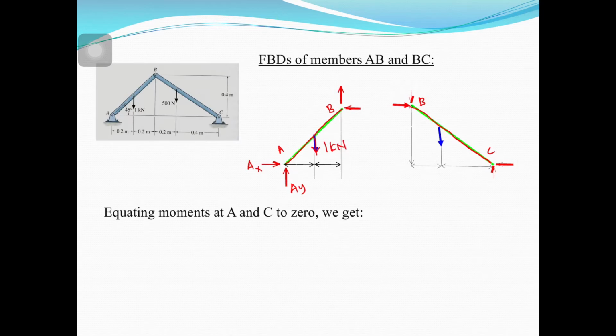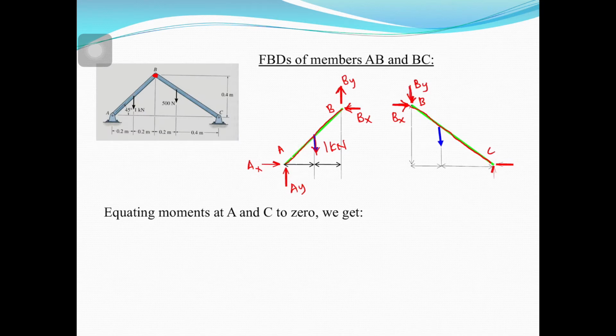At B, when we separate the members, they also have BY and BX. This one is the joint. When we separate the joint, they should have opposite directions. This one BX this way, this one also BX, this one also BY, but opposite.